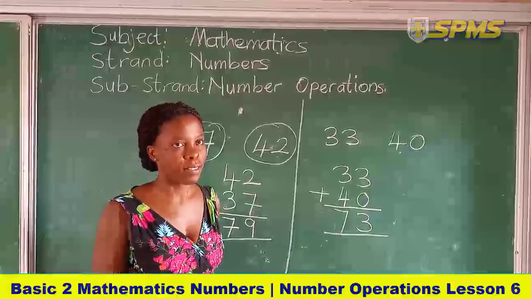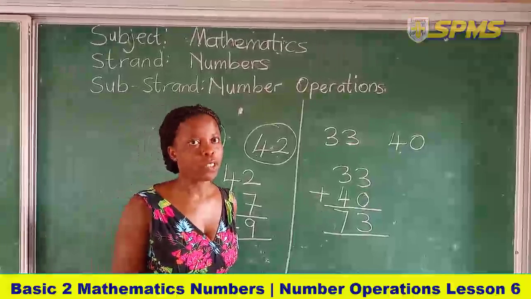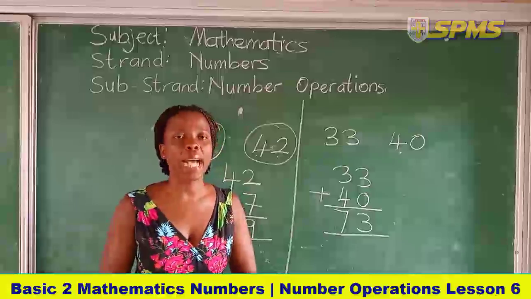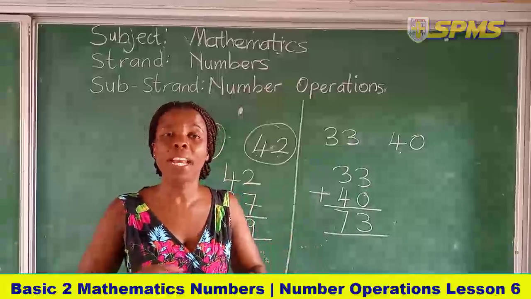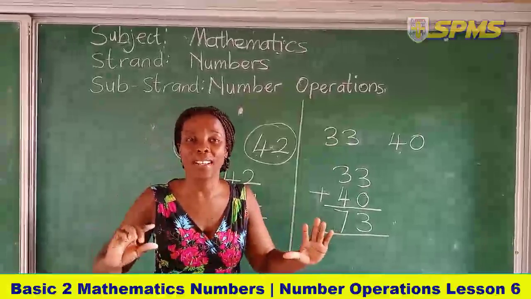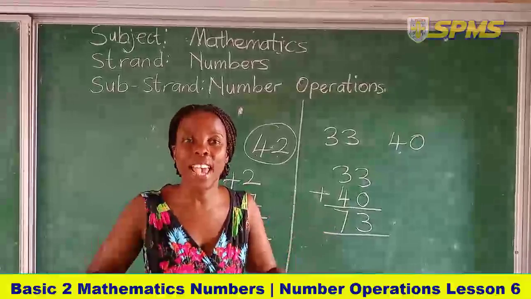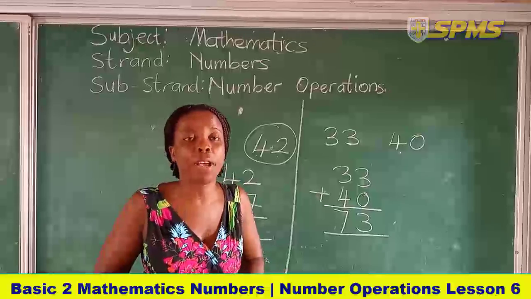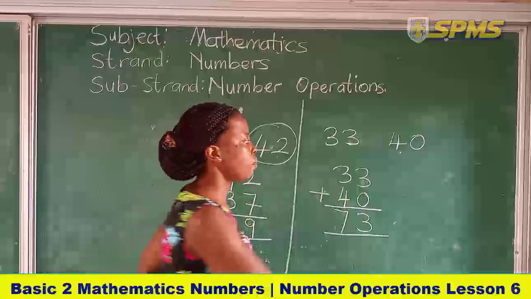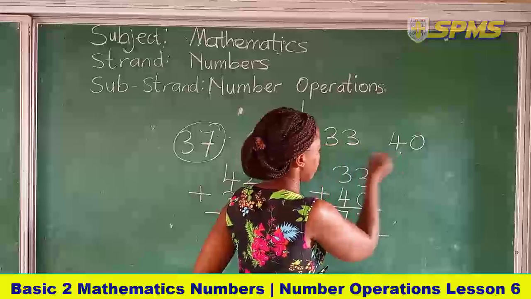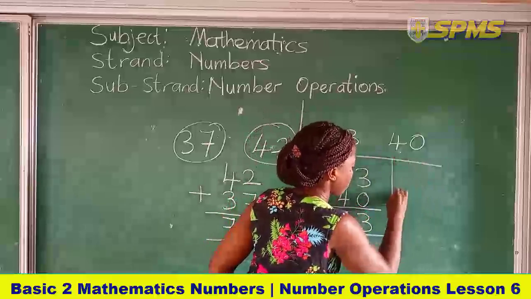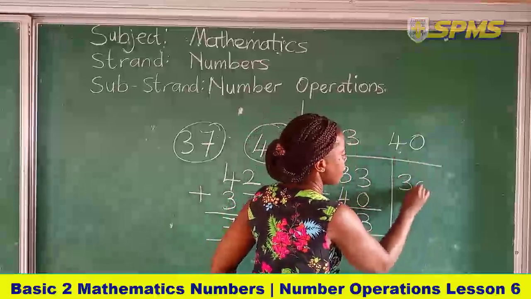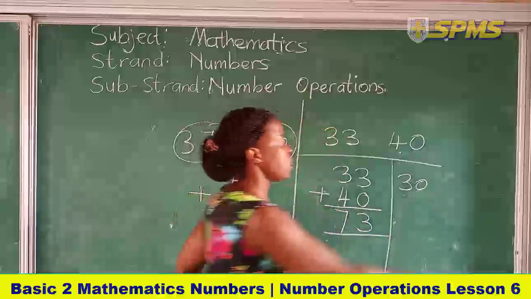Is that not easy? Good. Now what if you want to add in tens? That one is even easier. Adding in tens, that means the numbers are in tens. Let's say, for example, you have 30 and 20.